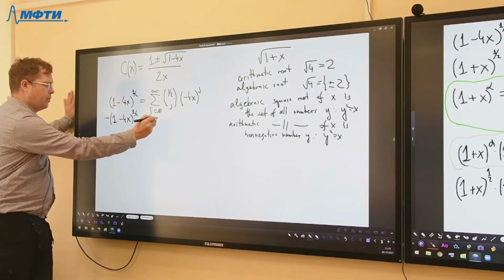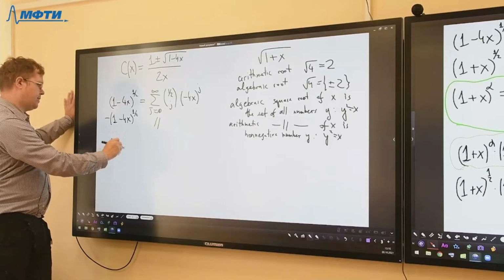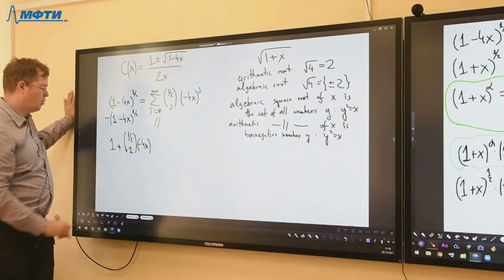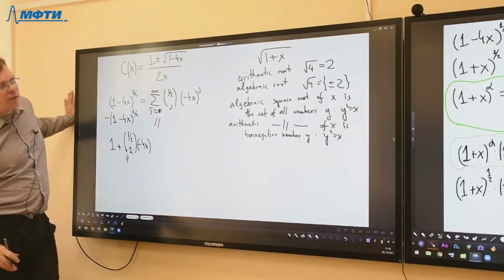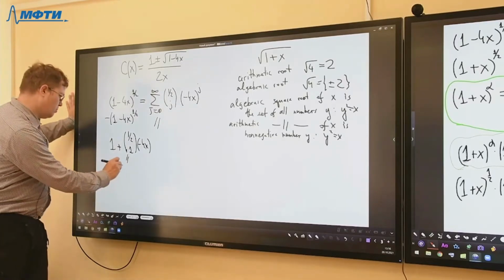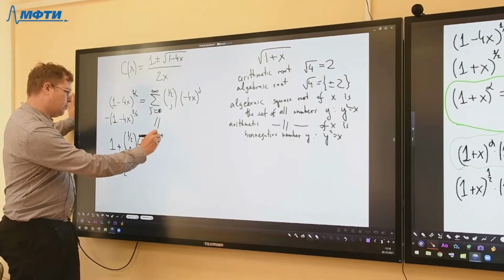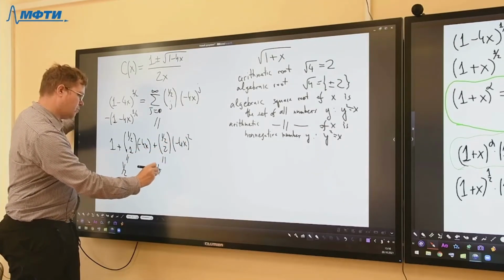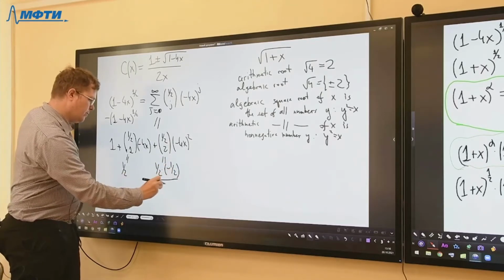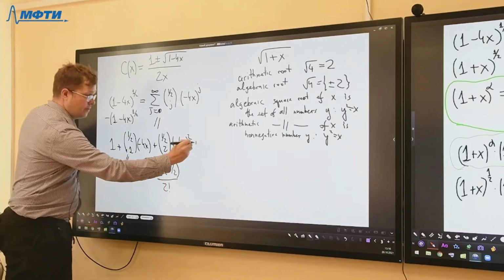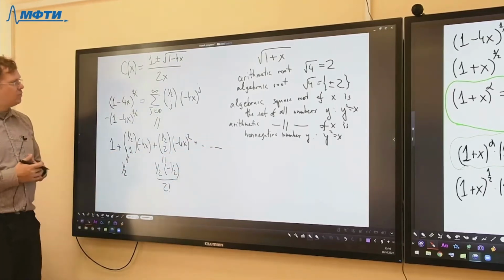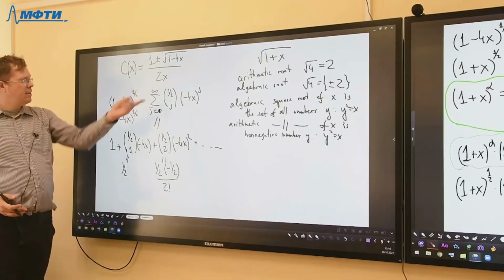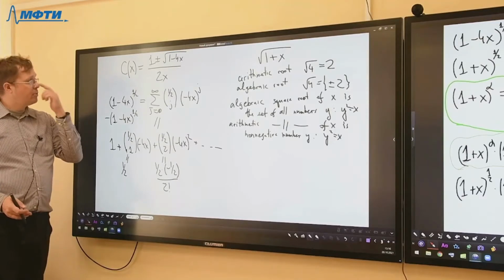So we will have 1 plus 1 over 2 times minus 4x, plus 1 over 2 choose 2 times minus 4x squared. This is 1 over 2 times minus 1 over 2, divided by 2 factorial, and so on. If this should be divided by 2x, then of course the first coefficient should be cancelled.